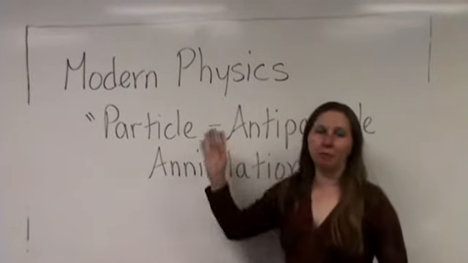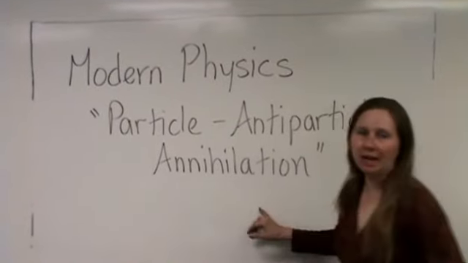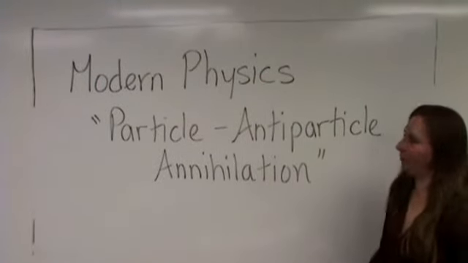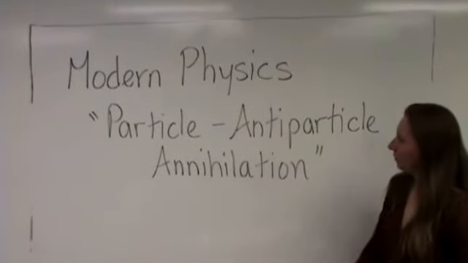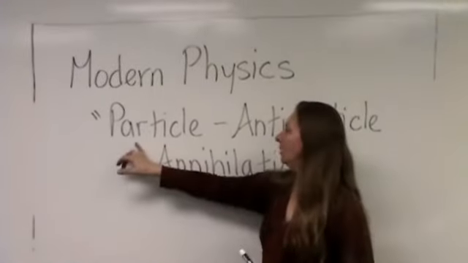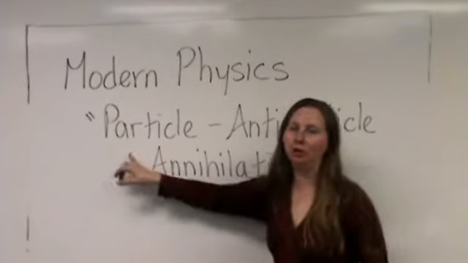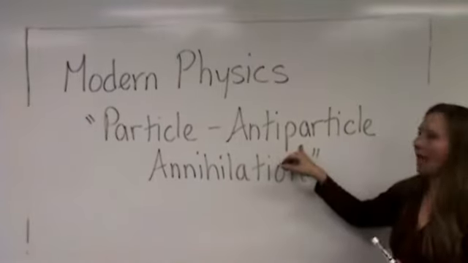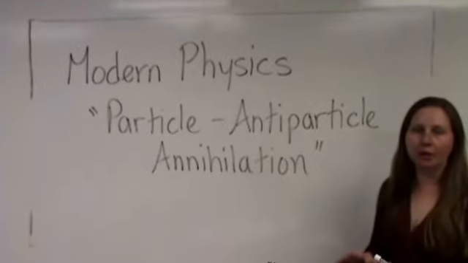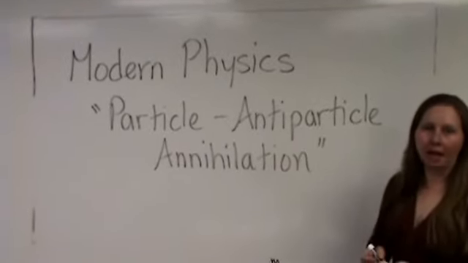This is the topic Modern Physics and the section called Particle, Antiparticle, Annihilation. Now, what will be happening here, I'll be talking about how the mass of a particle and the mass of an antiparticle can be converted directly to energy.